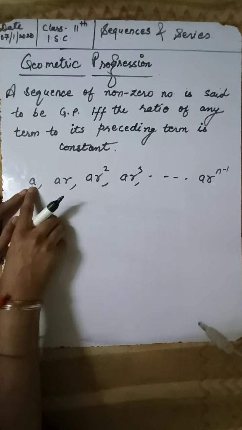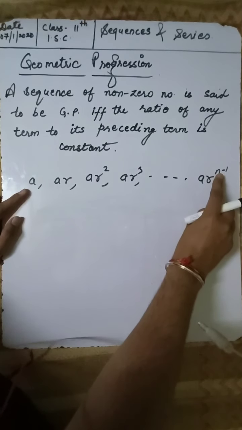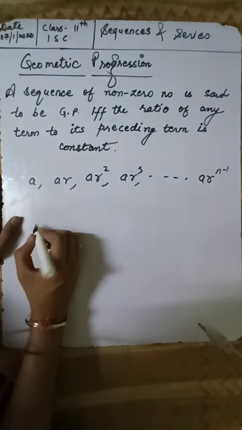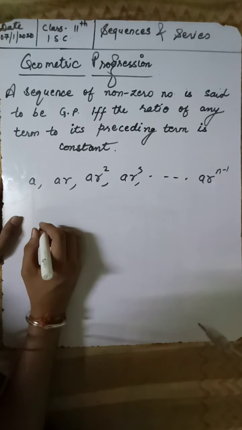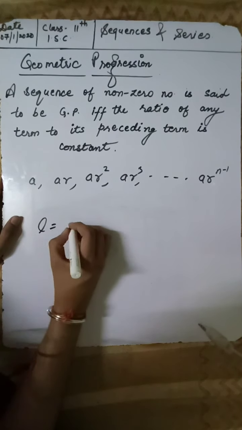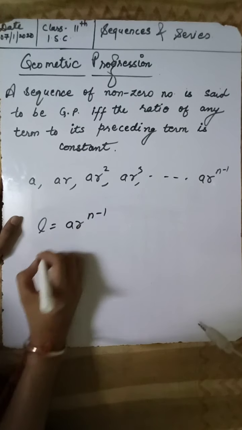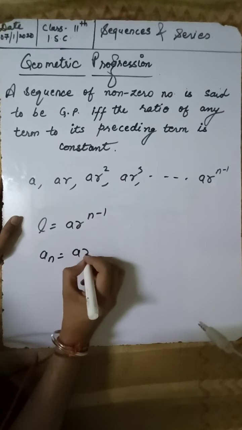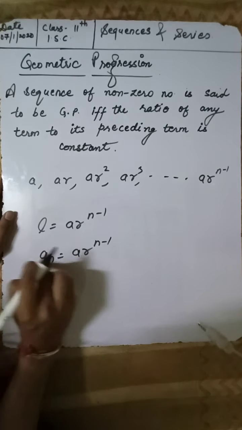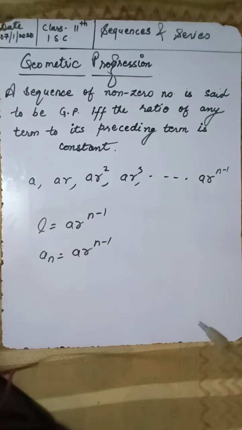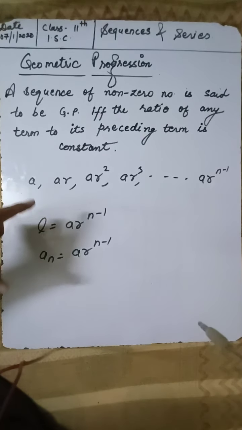That is why I've written a into r to the power n minus 1. The last term is L, equal to a r to the power n minus 1, or we call it an. Either L or an is the last term. Based on this, we'll start with the questions.